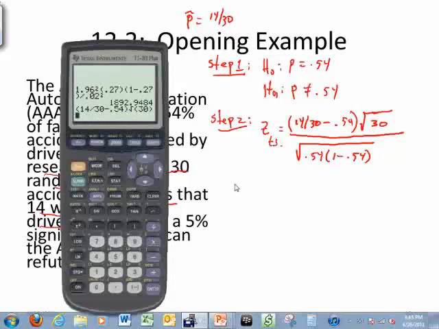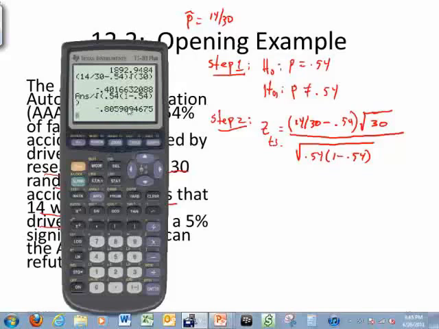Now I've got the numerator in, so I'm going to press enter. Now I'm going to go divided by the square root of 0.54, open bracket, 1 minus 0.54, close, and close one more for the square root. Make sure we've got our brackets matching. Press enter. This tells us that our test statistic is negative 0.8059.